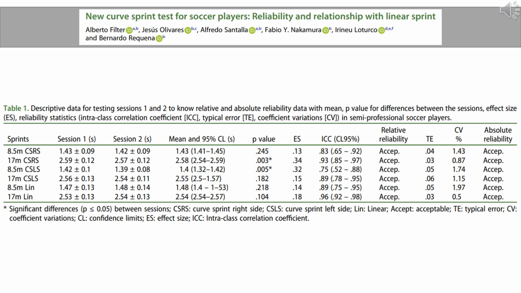So we've got some confidence now that when we're assessing reliability between test sessions, we get very good consistency as measured by the coefficient of variation, and pretty high relative reliability as measured through the ICC as well. So similar to our linear sprints, that gives us confidence that when we're measuring time to completion in these curve sprint tests, we can use that data for further analysis.